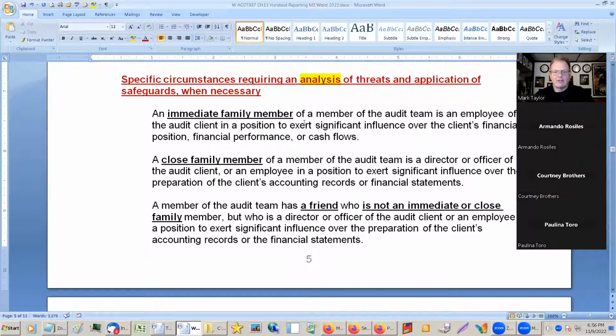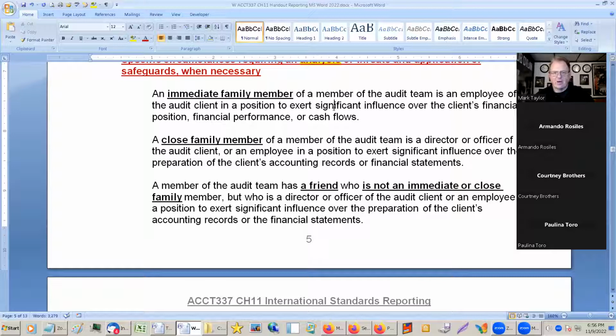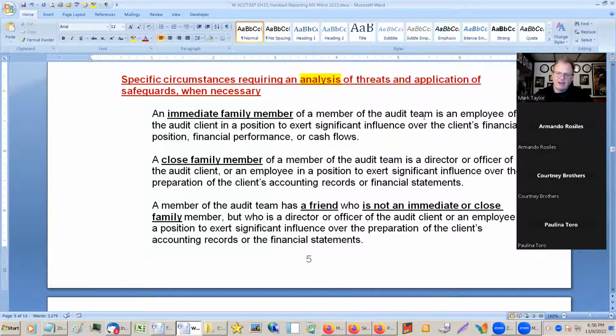So, immediate family member of a team employee exerting significance over the client's financial position or cash flows. This is kind of a wacky one. Financial position is all balance sheet kind of stuff. Financial performance is income, and cash flows. This is more along the lines of an operating director. So if they're not necessarily directly in a financial role, but an operating director, say, then you would have to have an analysis to see if you can do the audit.